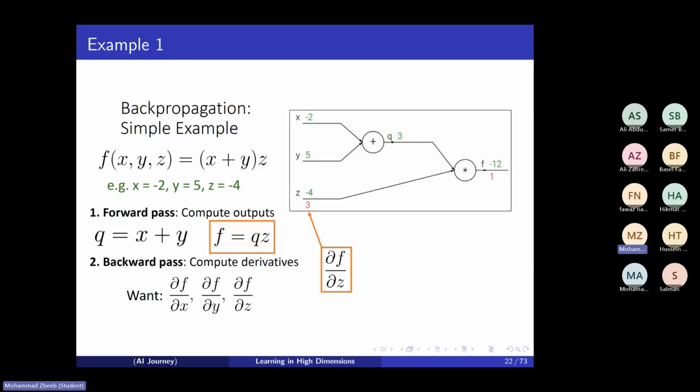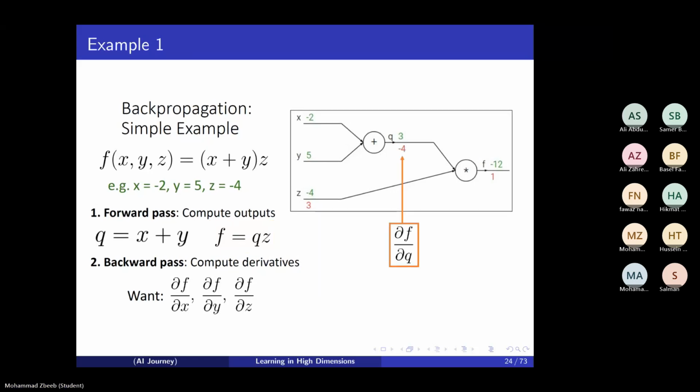A very important analogy here is that multiplication gates swap the input with the gradients. So now the gradient of z is q, and the gradient of q is z. So I can directly distribute the gradient of z, which is 3, and the gradient of q, which is -4.